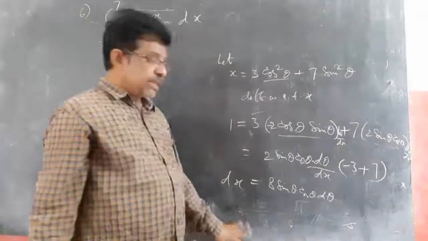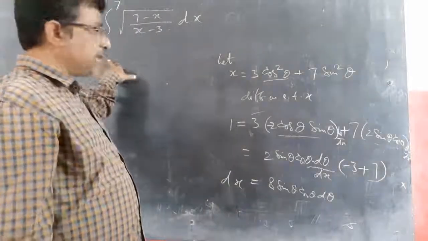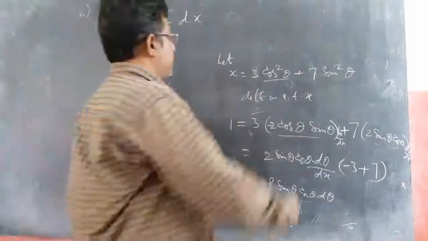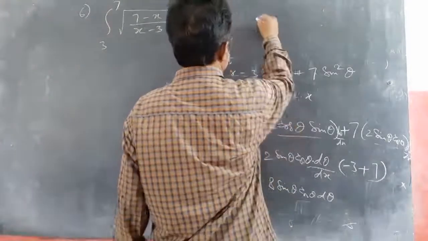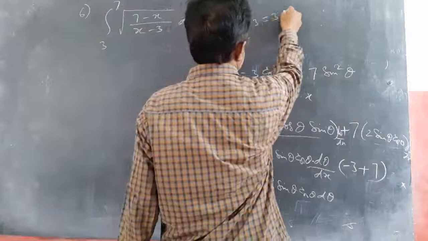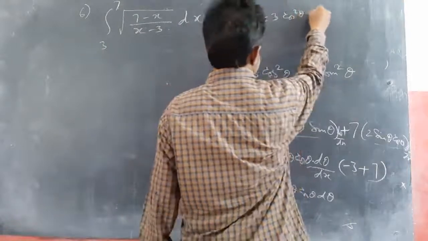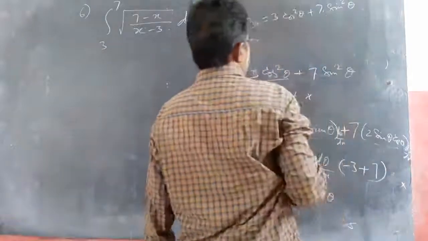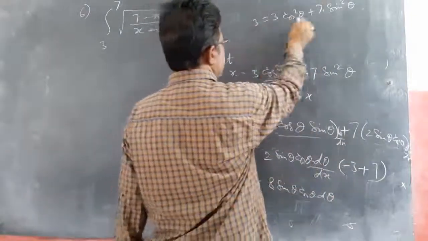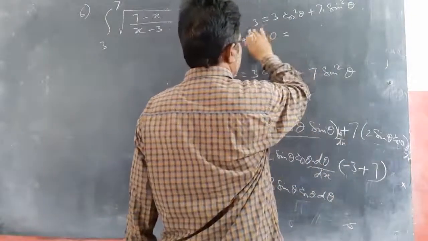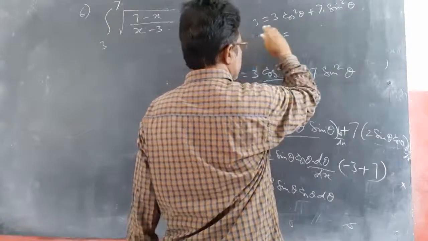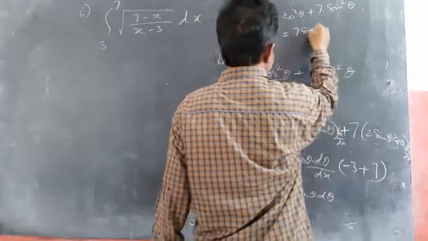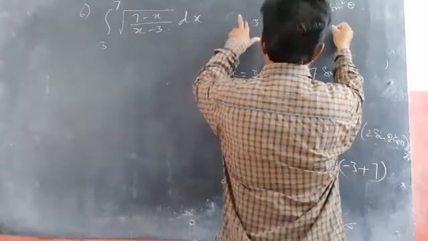Now substituting, we need to change the limits also, because these are the limits of x, not theta. If I substitute x equal to 3 here, 3 equals 3 cos square theta plus 7 sin square theta. Bring the 3 cos square theta to this side; 7 sin square theta remains as it is, and minus 3 comes inside.